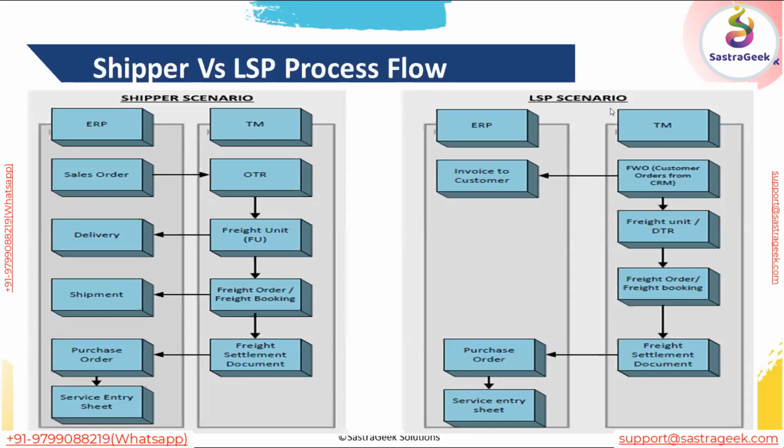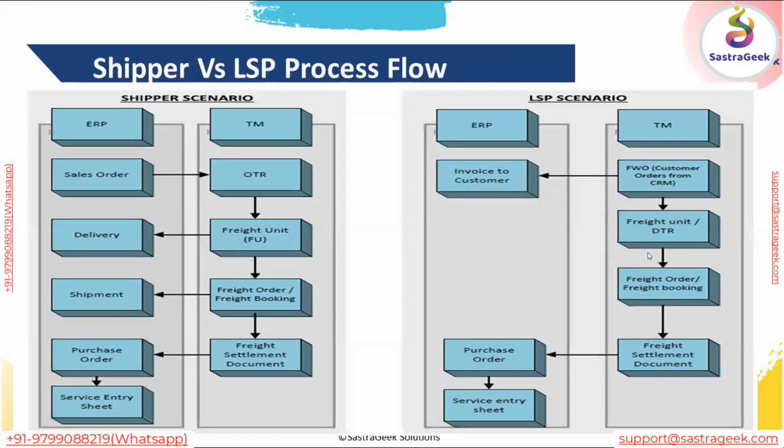Similarly, in a LSP scenario, the process is triggered from TM. The triggering point is the TM system itself. It creates a forwarding order. A forwarding order then comes into planning. We create a freight unit and a freight order, and it goes into settlement with your carrier.